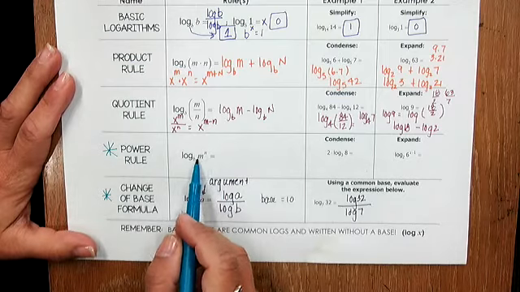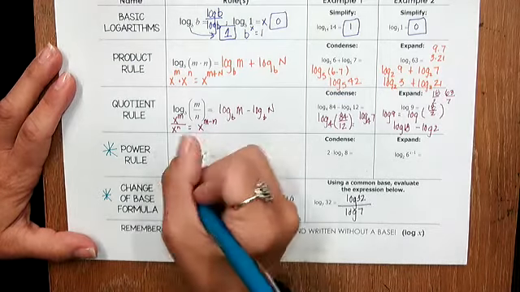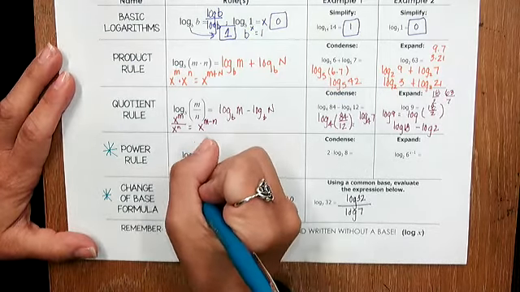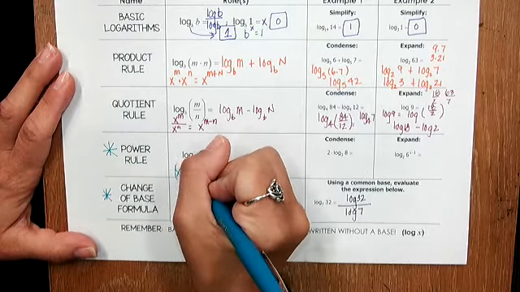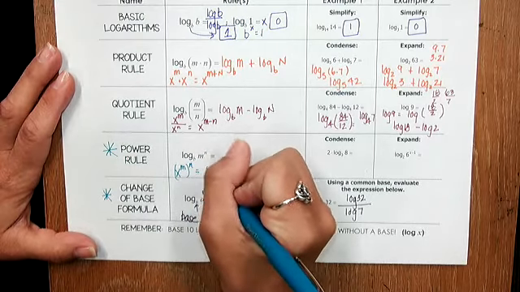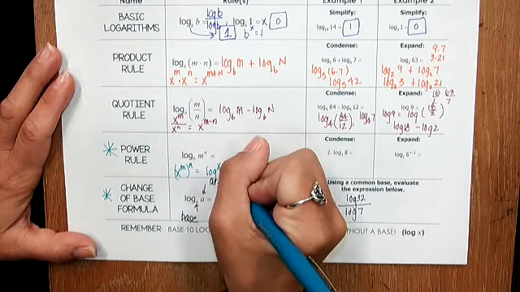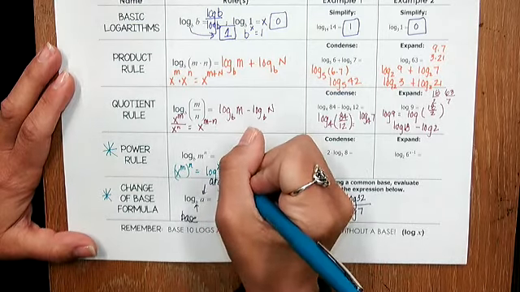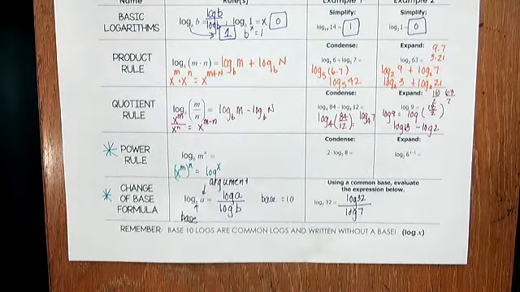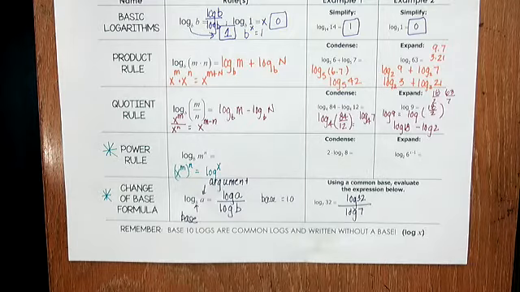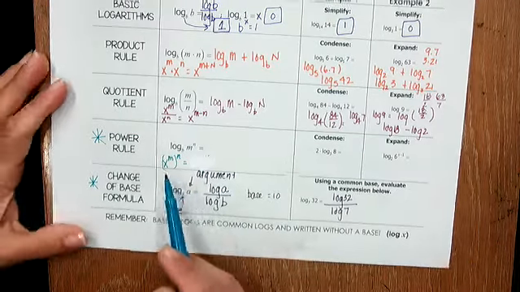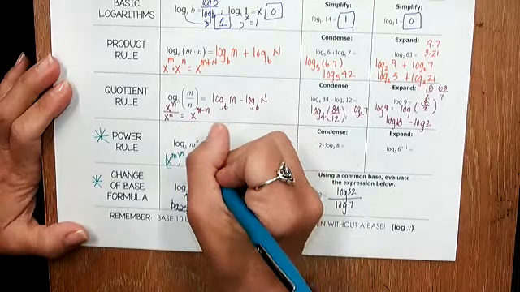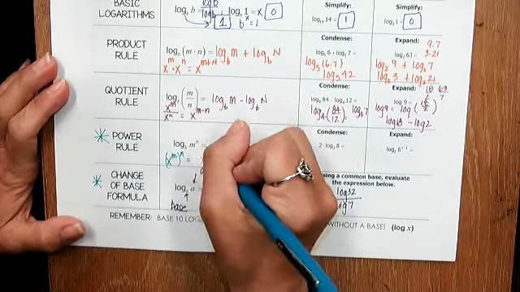You have an argument raised to a power. So if you have x to the m to the n, this becomes x to the m times n.